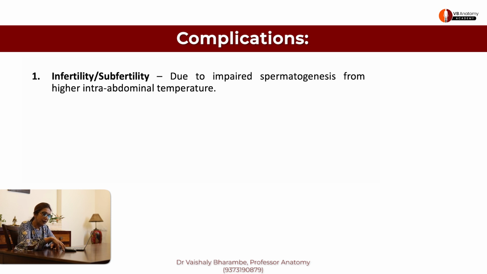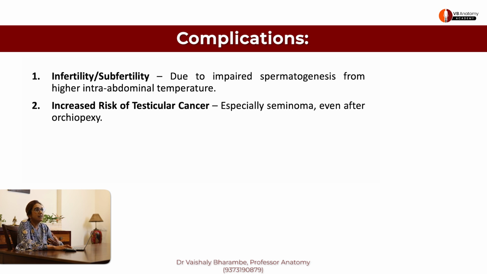If you have not re-anchored the testes at the right time into the scrotum, the adult is going to be infertile because the testes no longer have the ability to produce active motile sperms. Second, this testis has been exposed to such temperatures that it is very likely to develop testicular cancer.